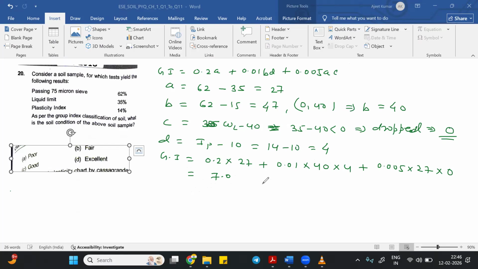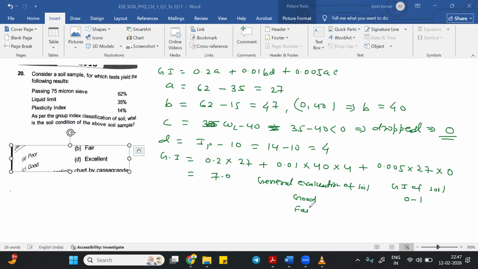So let me classify the general evaluation of soil and group index of soil. If the general evaluation of soil is good, then the value of group index is 0 to 1.